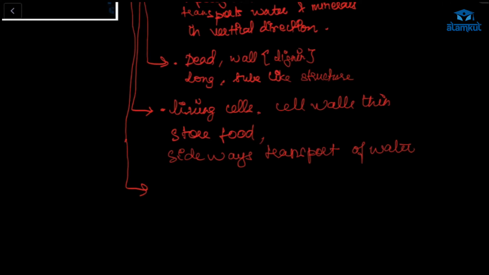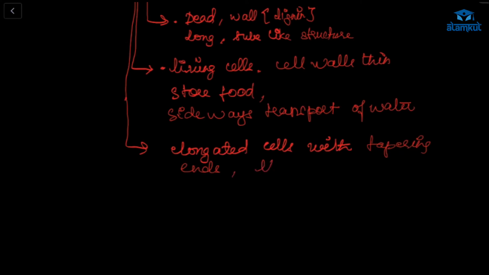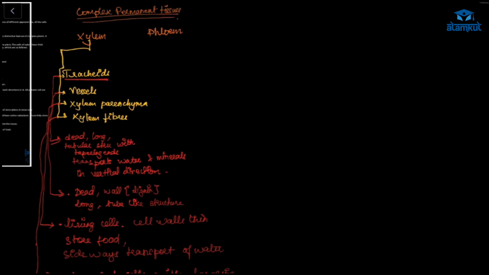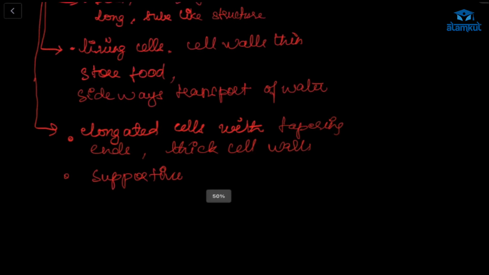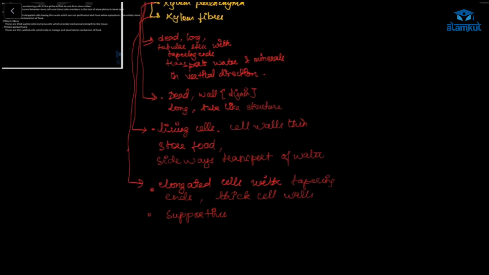These are also dead cells. They are elongated cells with tapering ends, and they have thick cell walls. What is its function? It is supportive. It gives support to the xylem.